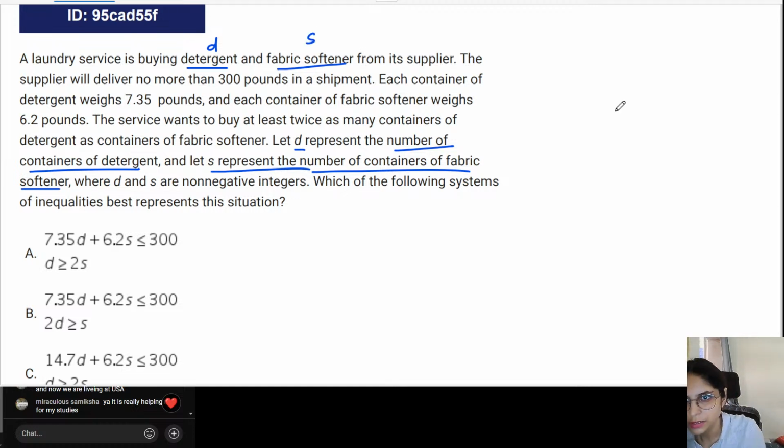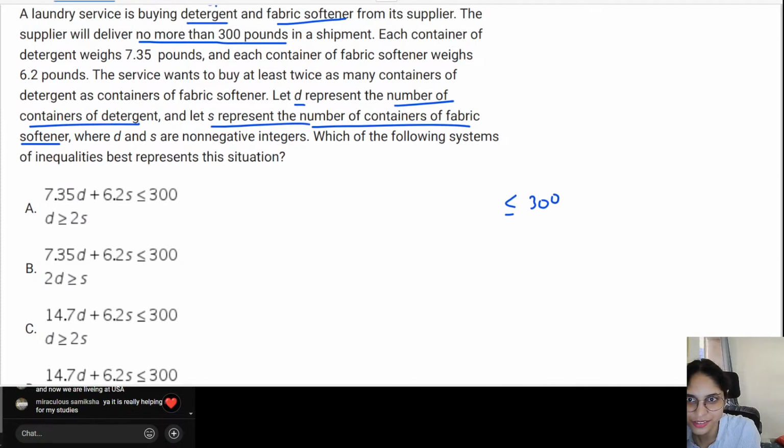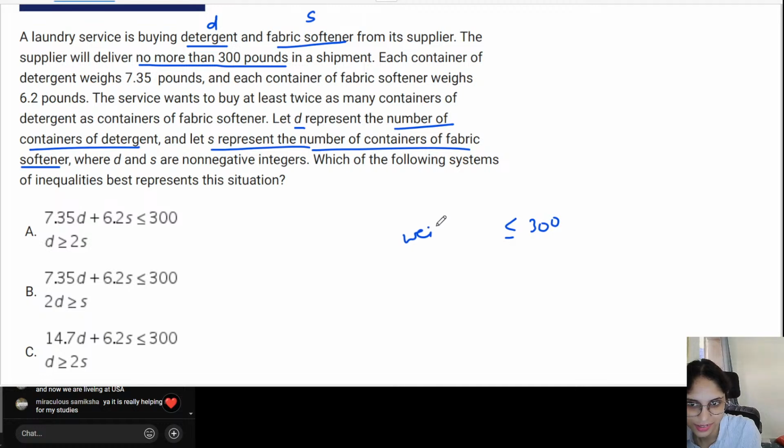The supplier will deliver no more than 3,300 pounds. So less than or equal to 3,300 is there everywhere, so we can't really eliminate anything.